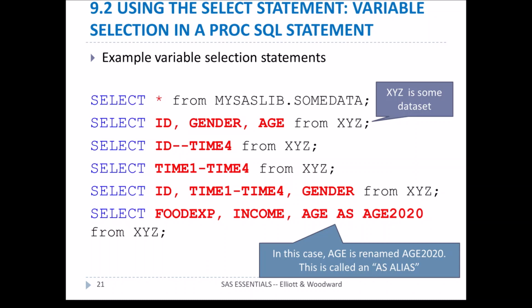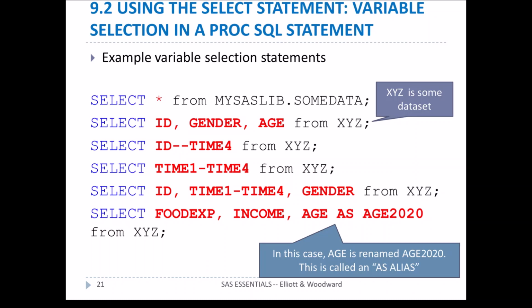All right, now let's look at some variable selection ways within the SELECT statement. Here we've already seen the select star or asterisk, which means all the variables within the data set. We could also list them with commas separating ID, gender, age.